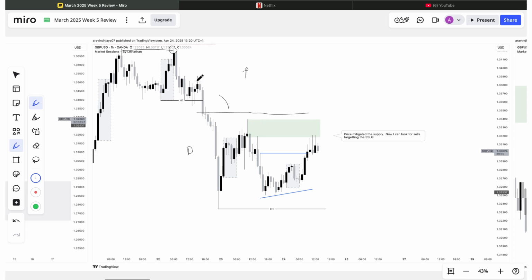If I want to look for a risk entry, then this would be the recommended POI that I would suggest because it has got the inducement. It is still in the premium and it has the displacement alongside with it.